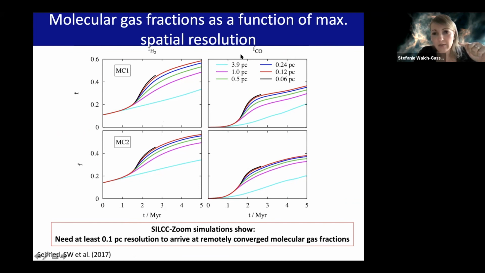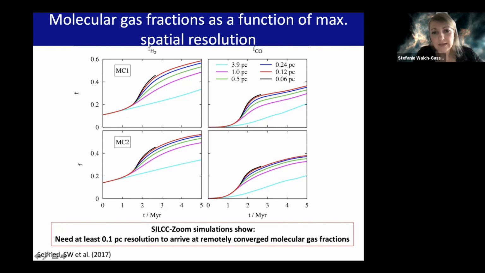In the case of the Cyan line, 3.89 parsec, that's the original SILCC grid, so there's no additional adaptive refinement. Then here we allow refinement to 1 parsec, here to 0.5 parsec and so on. And we always start from exactly the same initial condition such that we get a comparable result.